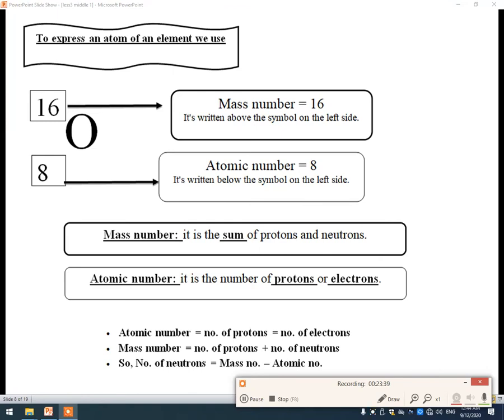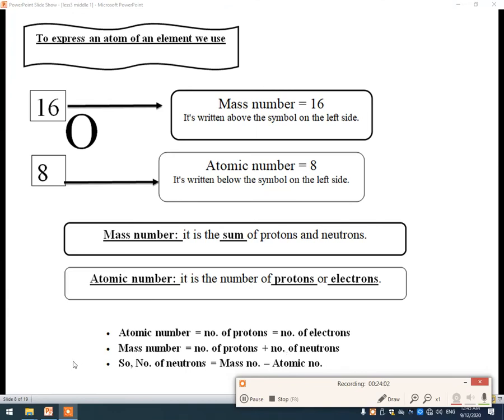And you have some notes here, which I wrote at the bottom of the page: the atomic number equals the number of protons, which equals the number of electrons. The mass number equals the number of protons plus the number of neutrons.